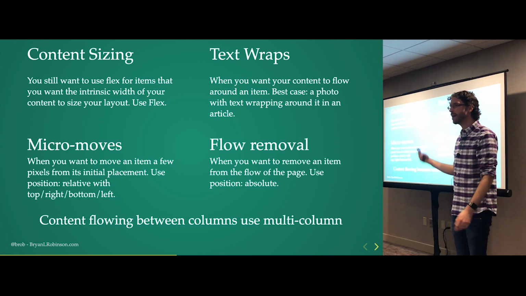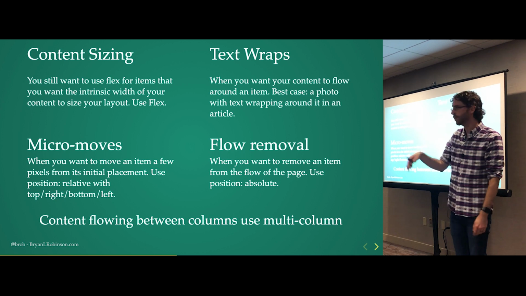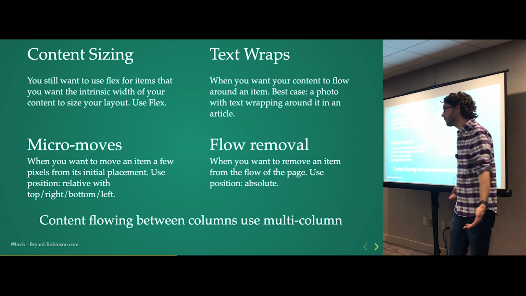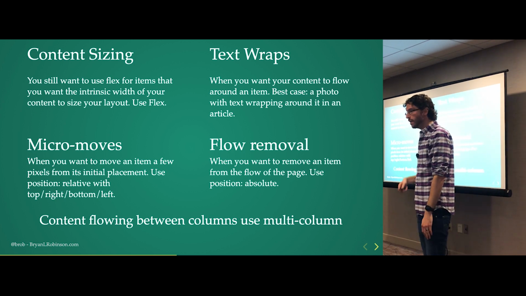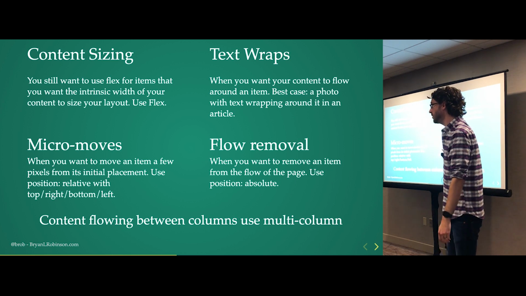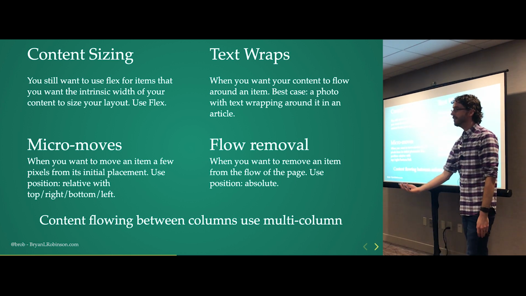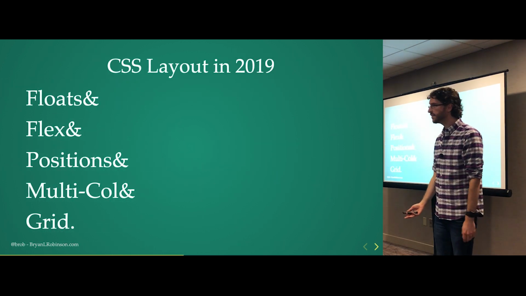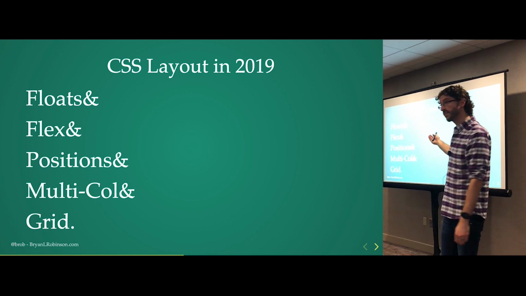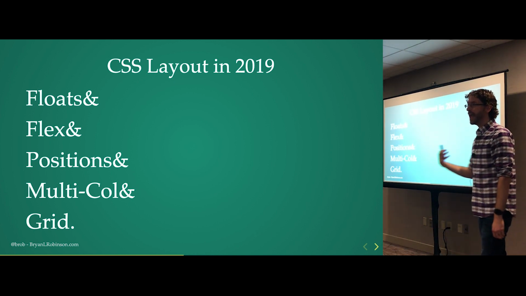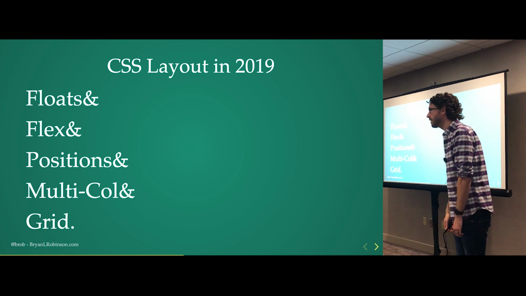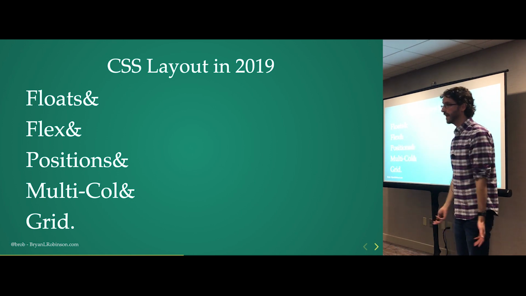You can say column count 3, and you get 3 columns, and the text flows in them. It's pretty cool. So really, with these 5 use cases for when you shouldn't use grid, layout in the future isn't just grid. It's float still, and flex, and positioning, and multi-column, and grid, right?